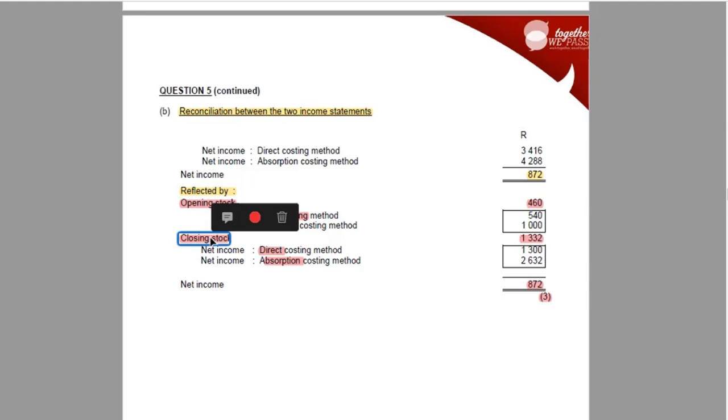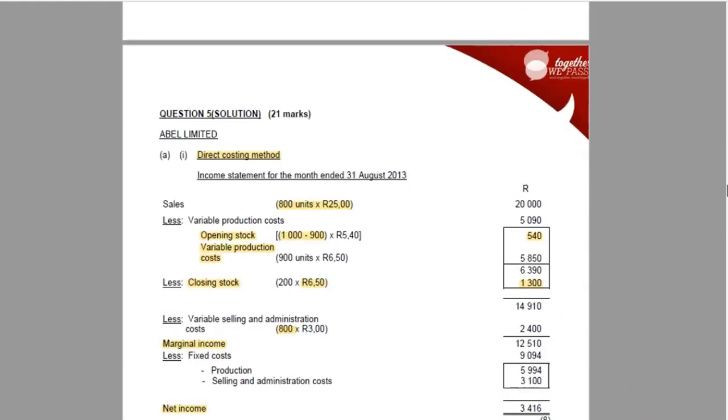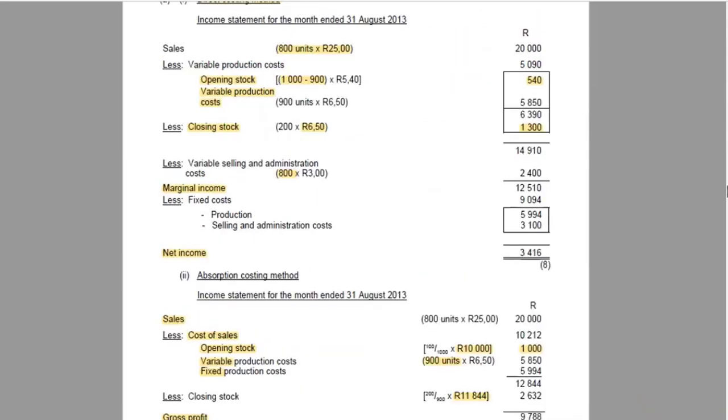But once you have opening stock and closing stock, best believe your net income won't be the same, and your net income under absorption costing will always be higher than the net income under direct costing. Okay. So, moral of the story for this is to say, always know the income statement. Always know your income statement method.